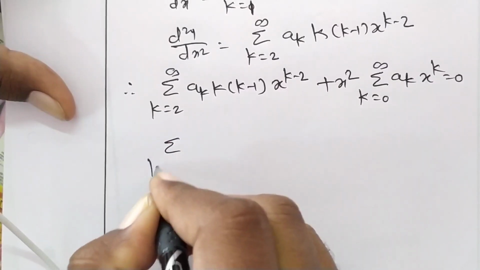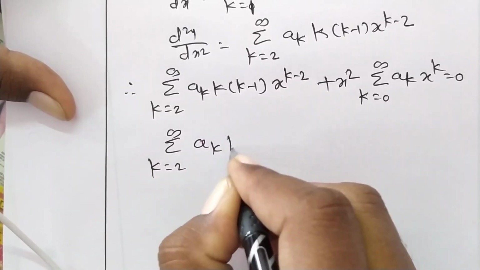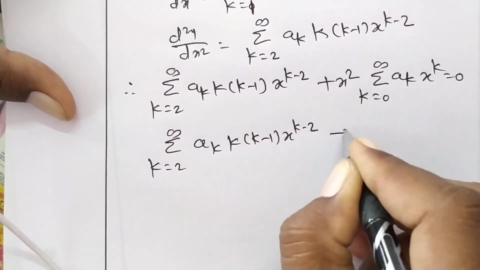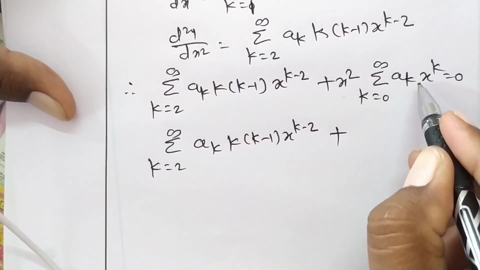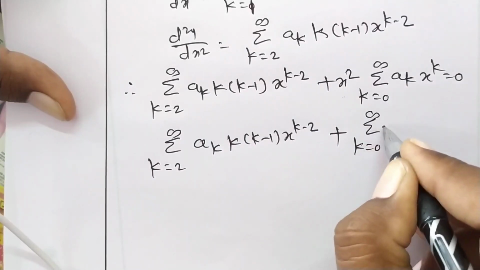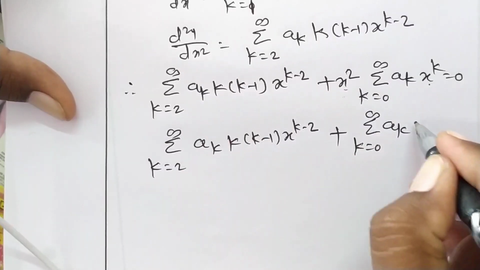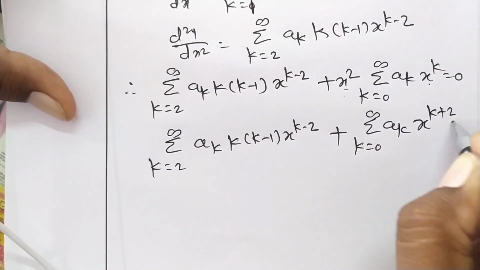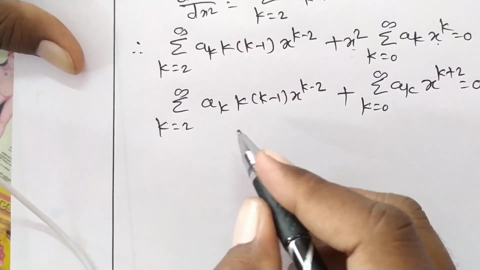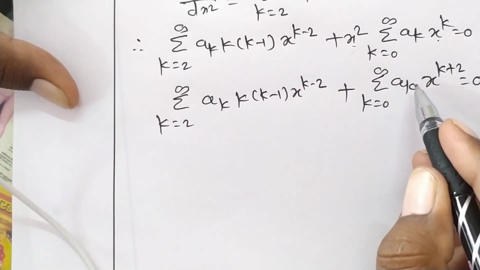Once more, we write: summation of k varies from 2 to infinity ak k into k minus 1 x to the power k minus 2, plus, if we multiply x square inside the series, summation of k varies from 0 to infinity ak x square into x raised to k, which is x raised to k plus 2, equal to 0. Here the base is the same, so we add the powers. Here k varies from 2 to infinity, and here k varies from 0 to infinity.